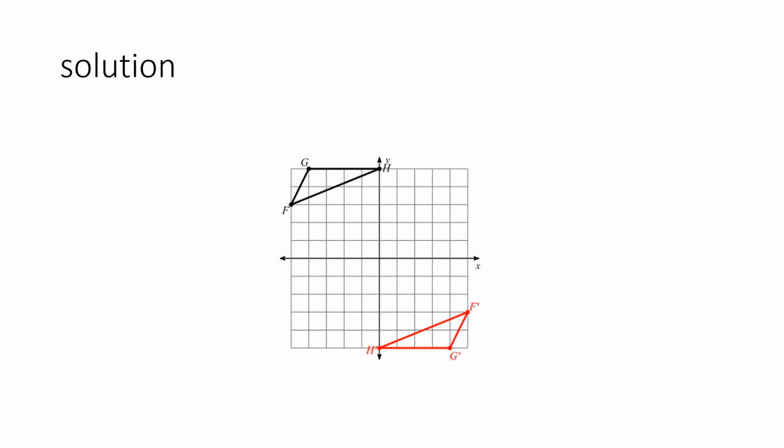When we rotated the pre-image triangle FGH 180 degrees, it ended up in the fourth quadrant, and the image is in red.